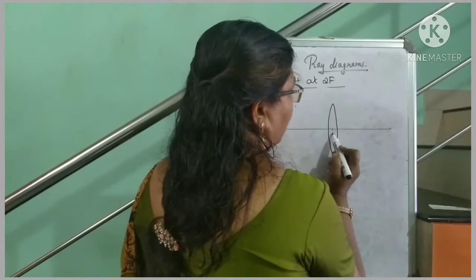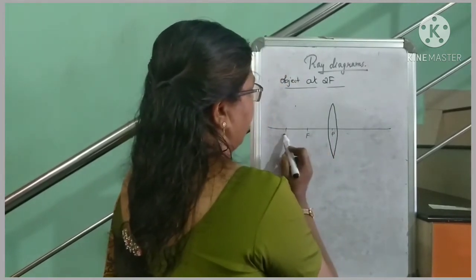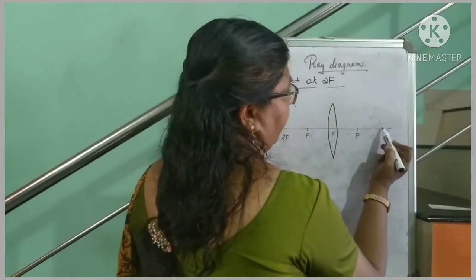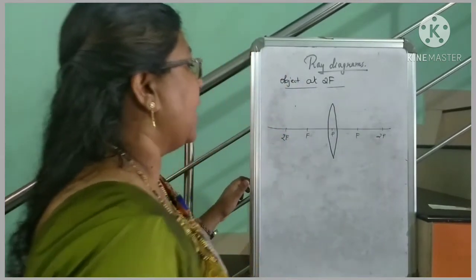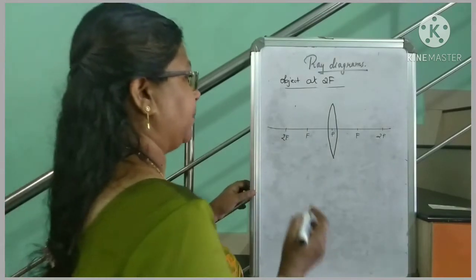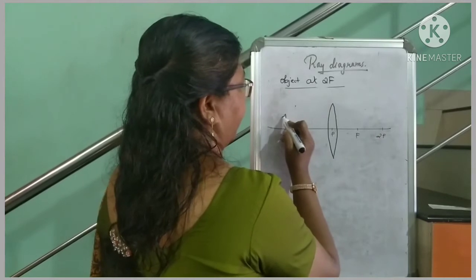So this is pole, this is F, then again here is 2F, this is F, here it is 2F. So here in this case, an object is kept at 2F. So what happens?